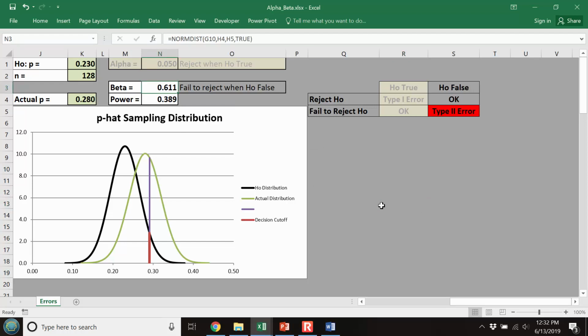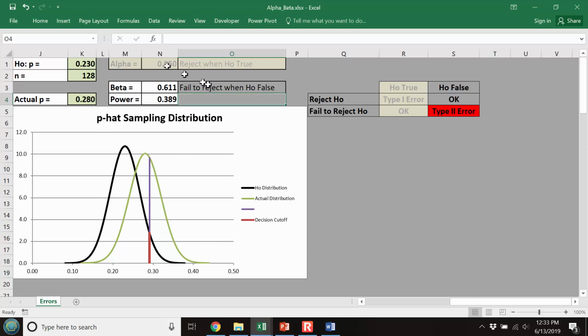They call that beta. It's 61%. So if the real world is only 5% away from the hypothesized world, there's a 61% chance my test won't show it. Power is simply 1 minus beta. Power is essentially the probability that you will see a shift.